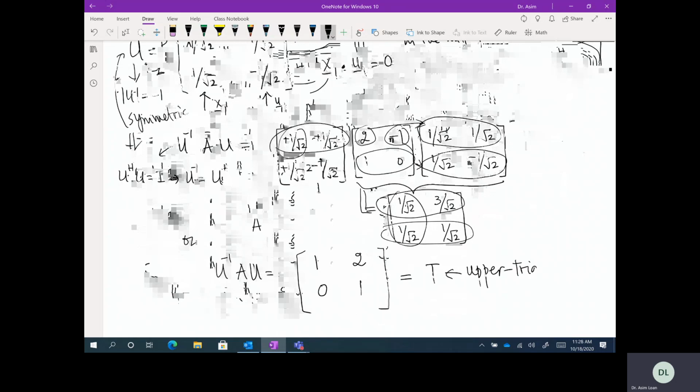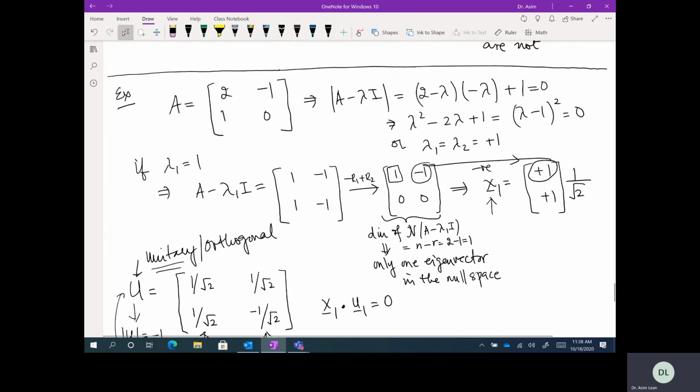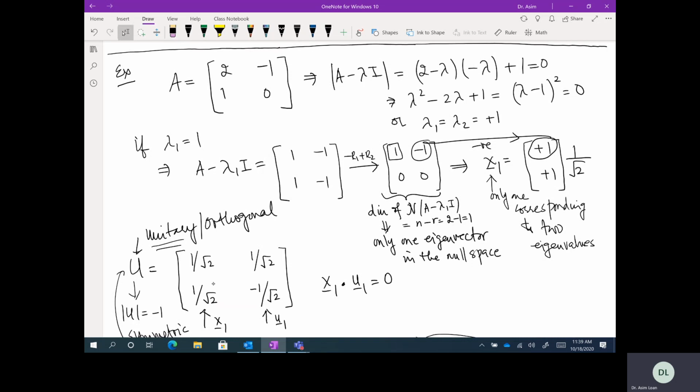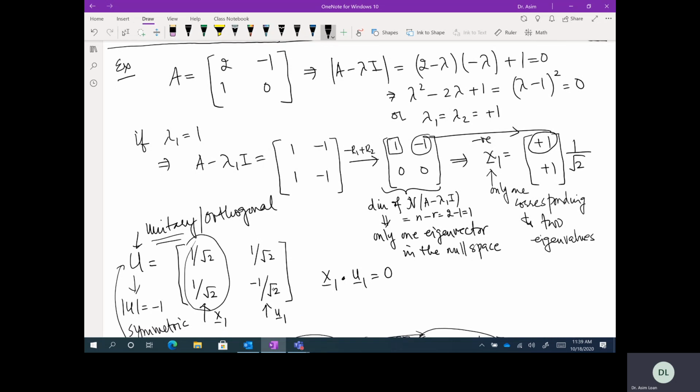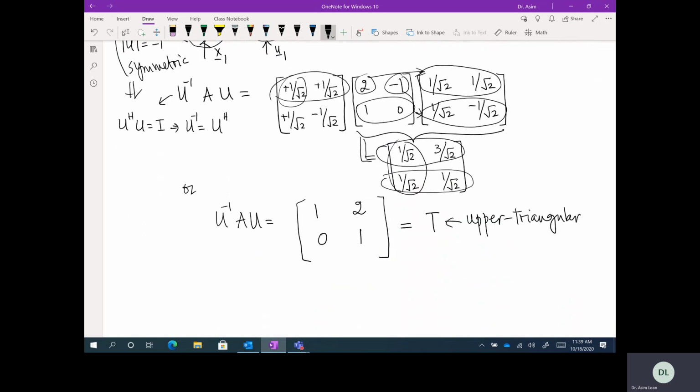So we just showed that if we have a matrix which has only one eigenvector corresponding to two eigenvalues, and I pick the eigenvector as the first column, and pick any vector orthonormal to the eigenvector as the second column, and do the similarity transformation, then I get an upper triangular matrix.